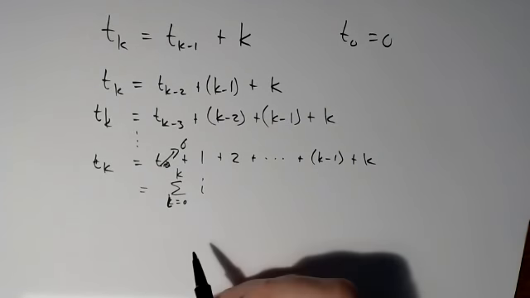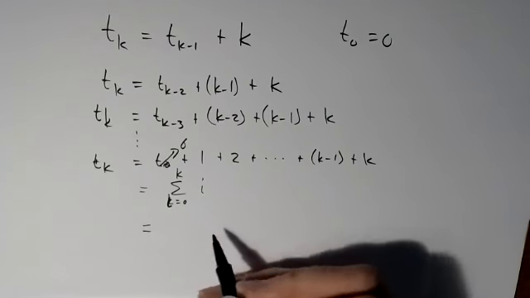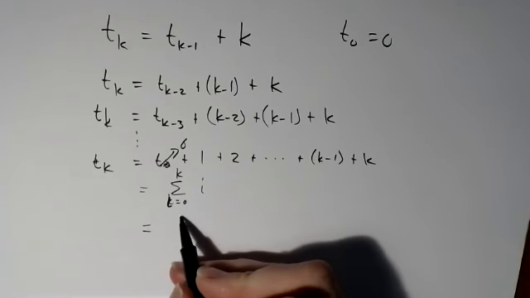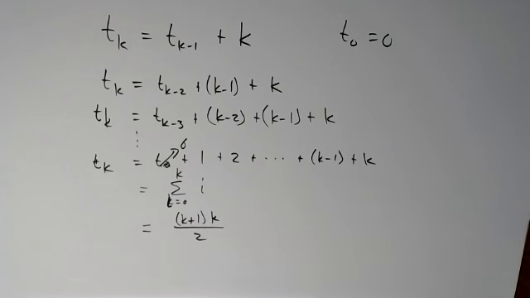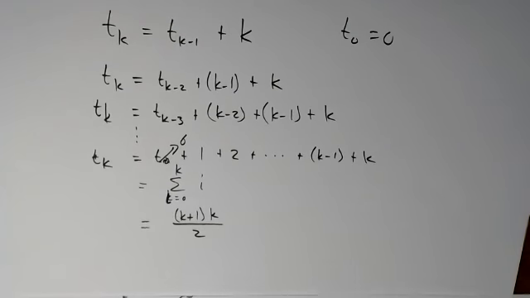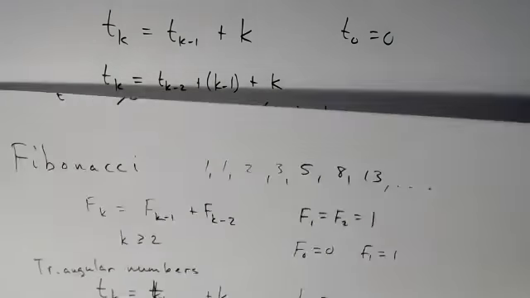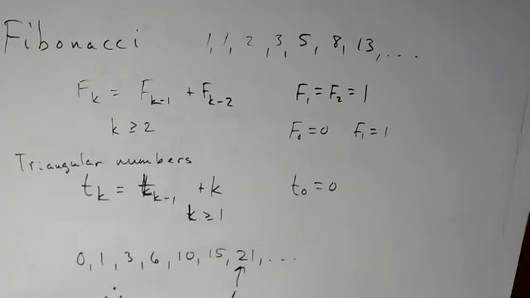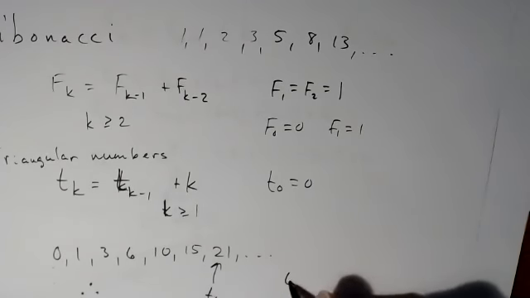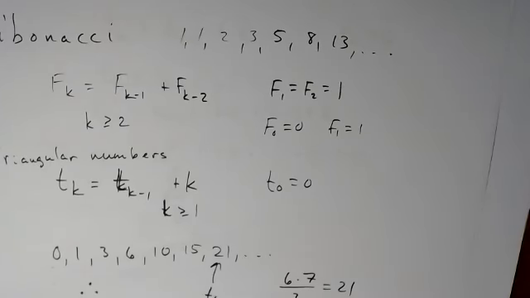Now we can just use the old baby Gauss formula, and that is going to be k plus 1 times k over 2. Then we can do a quick check back here. So this was t_0, 1, 2, 3, 4, 5, 6. So t_6 is 21, and 6 times 7 over 2 is 21, just to verify the formula.